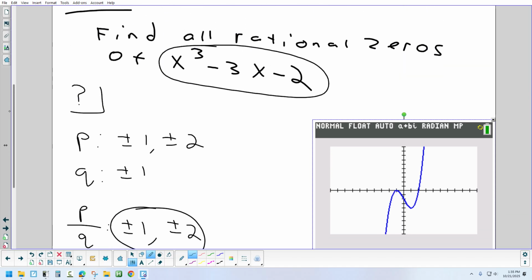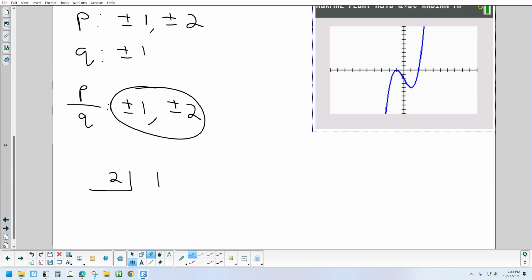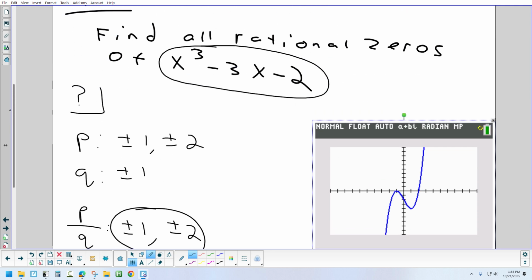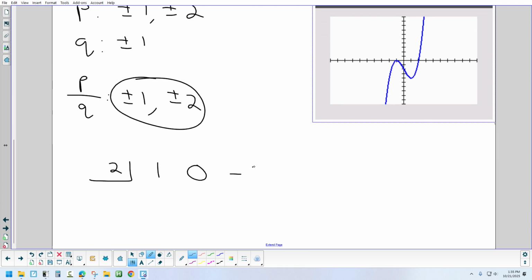1x cubed, 0x squared, minus 3x minus 2. Okay. John, what's my first step? Bring down the 1. Good, bring down the 1. Now we can multiply. 2 times 1. And what do we do with these 2 numbers to get the 1 below it?